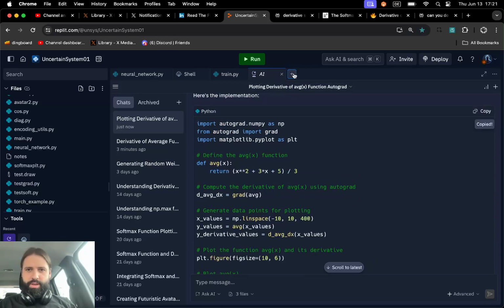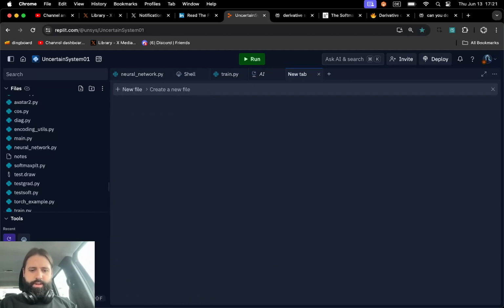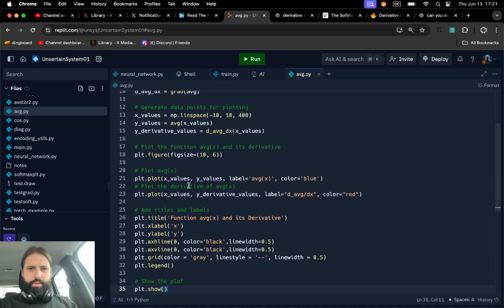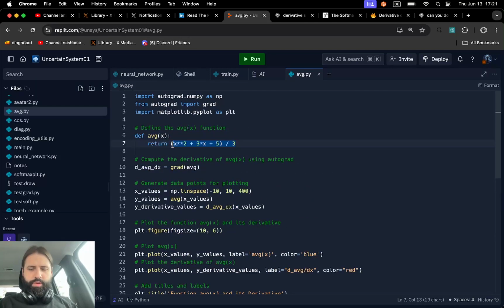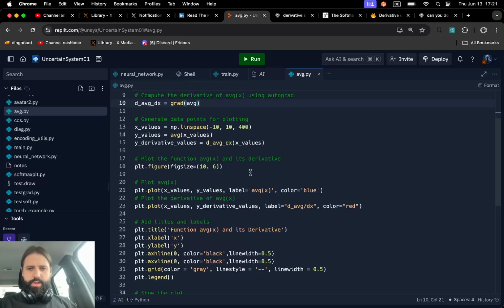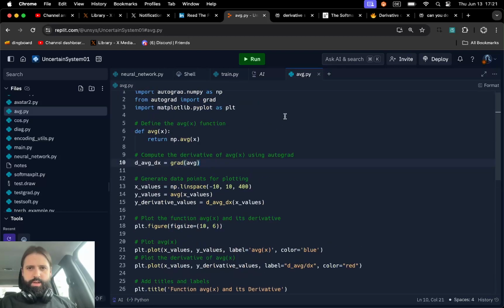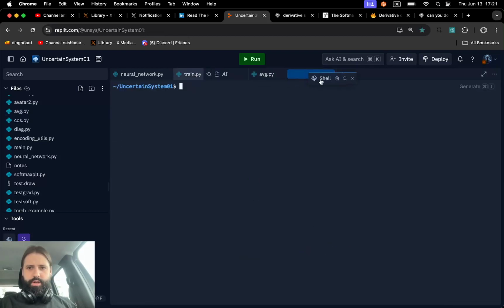That should just be a new file. What if we just do return np.average of x? Basically Python. Does it do anything?